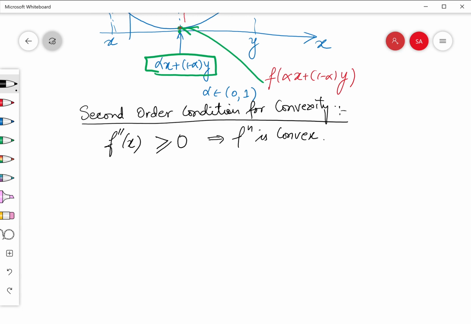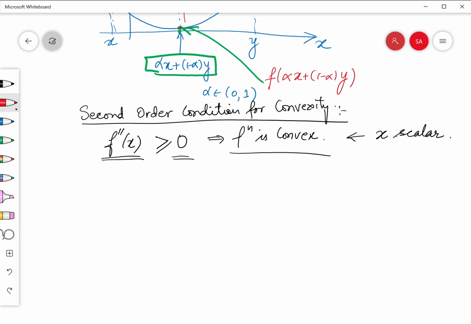You do this if x is a scalar, then you can use this formula. You find the double derivative, and if it is greater than 0, then you say the function is convex.